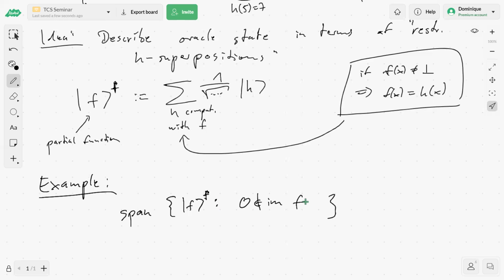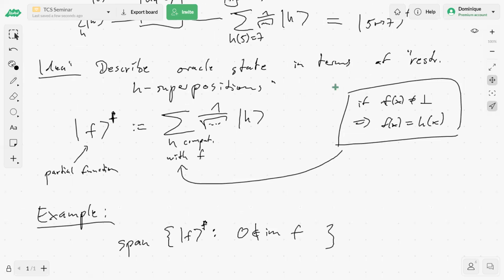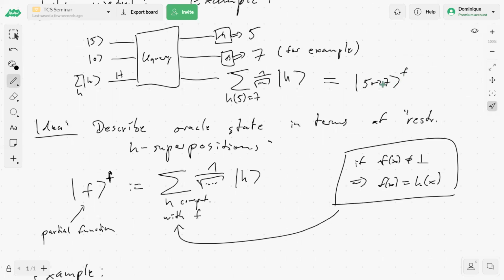So, for example, the state we had up here, this state is written like this, and this function has only 7 in its image. So this state actually satisfies the invariant.